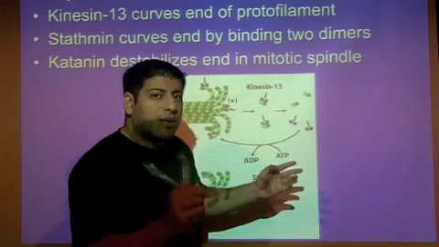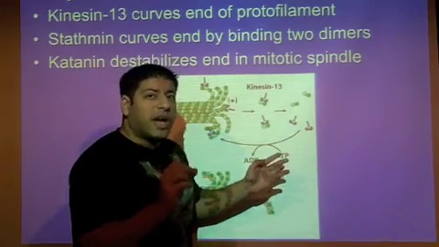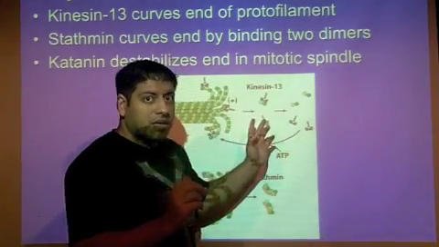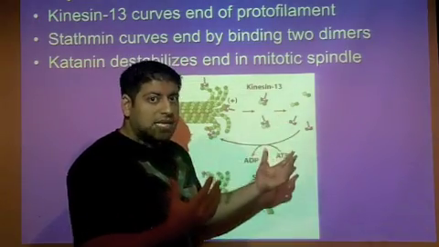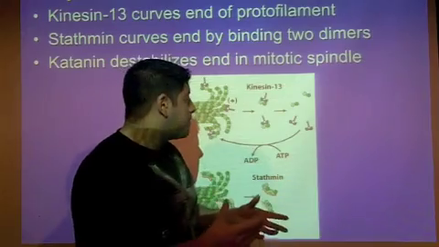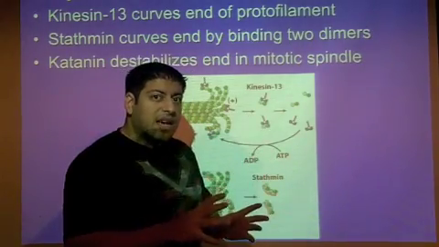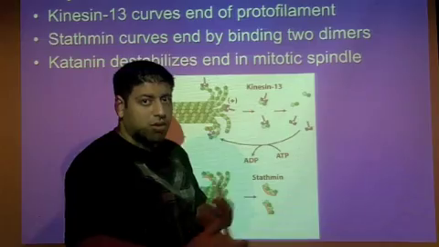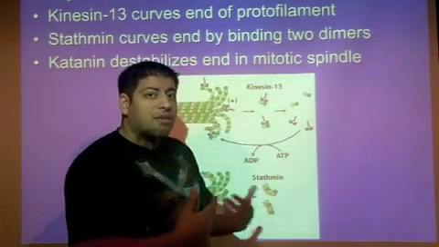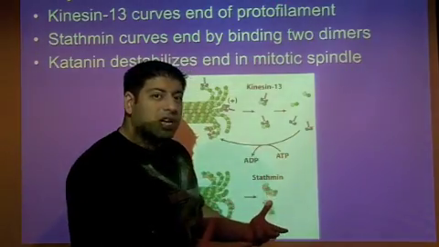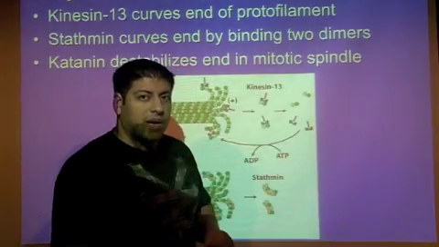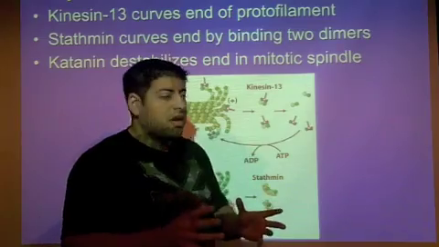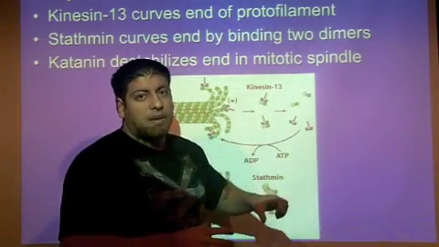It so happens that with kinesin 13, the two heads bind to both the alpha and the beta tubulin dimer. So one binds to the alpha, one binds to the beta. And again, the betas have GDP on their nucleotide binding site, so now they're subject to coming off. Kinesin 13 will bind to an alpha-beta dimer, and as long as the beta part of the dimer has GDP, it breaks off the dimer.